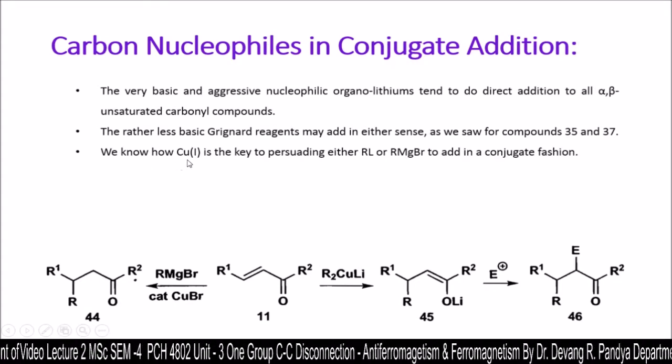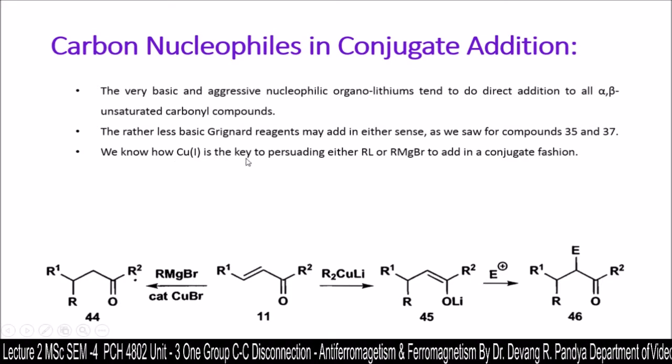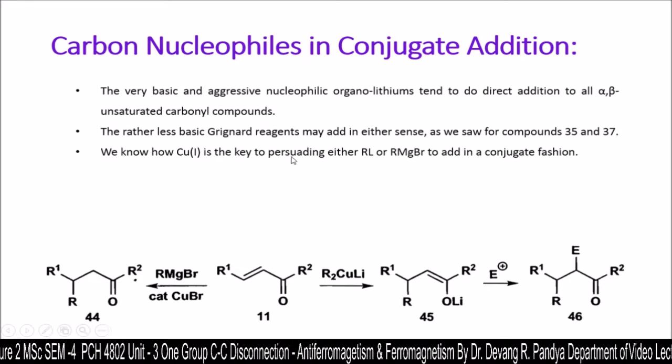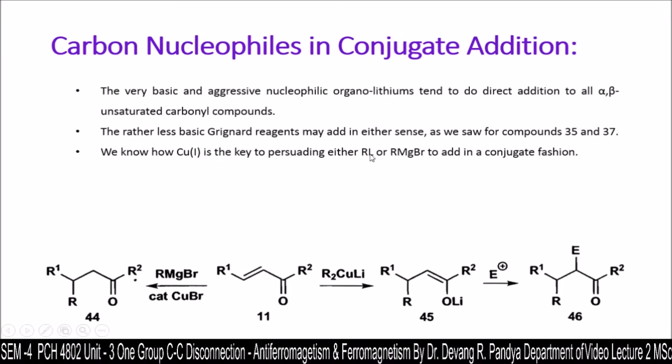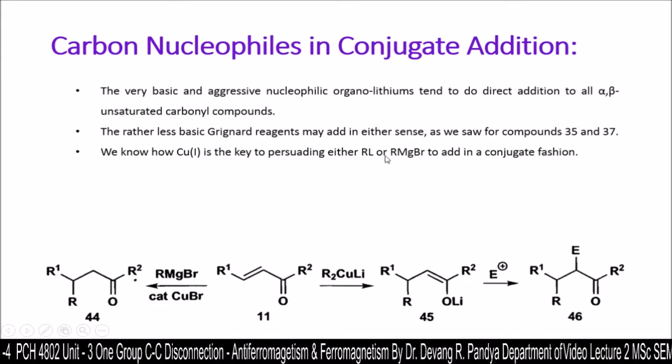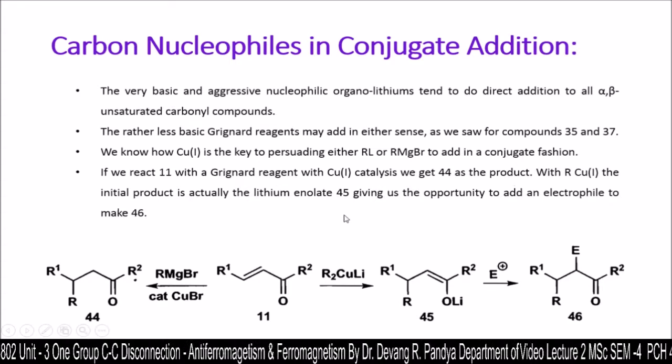We know how copper in the first monooxidation state is the key to persuading either alkyl lithium or Grignard reagent to add in conjugate fashion.